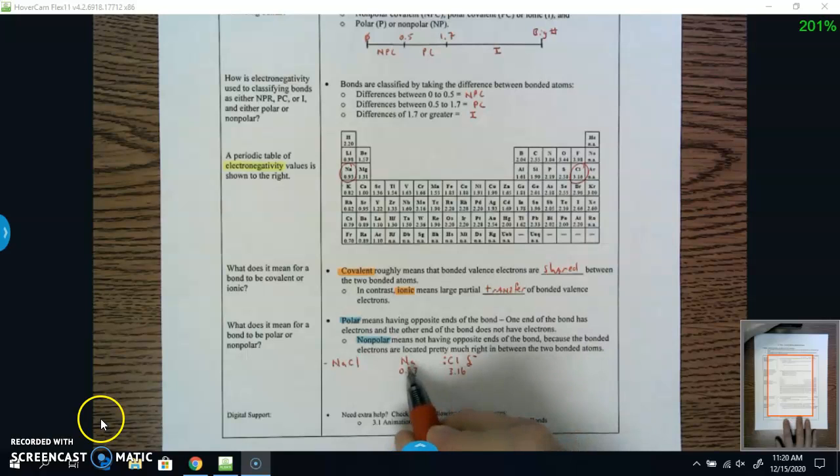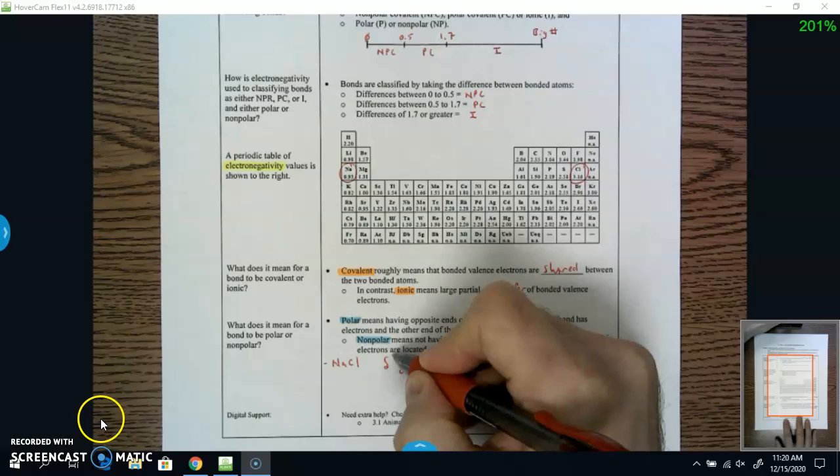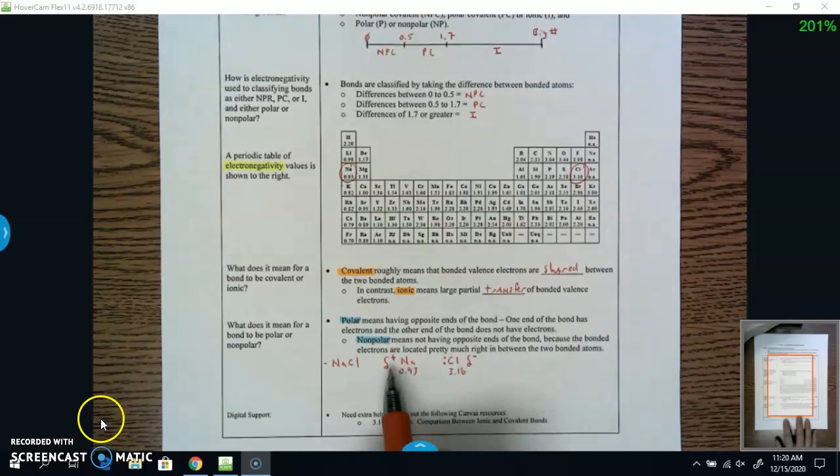Chlorine, because it grabbed onto sodium's electron, maybe it's that one right there, becomes partially negative. And sodium by default then becomes the opposite. It becomes partially positive. Now we can really see the poles. You see that these are opposite ends. One end is partially positive and the other end is the opposite of that. It's partially negative. Okay, we've got poles because of an uneven distribution of bonded valence electrons.